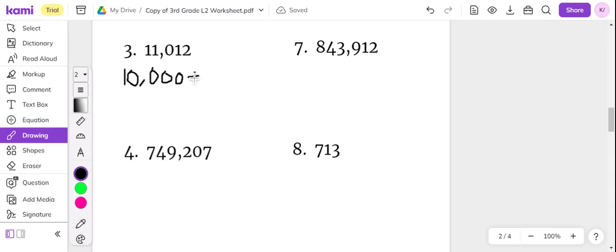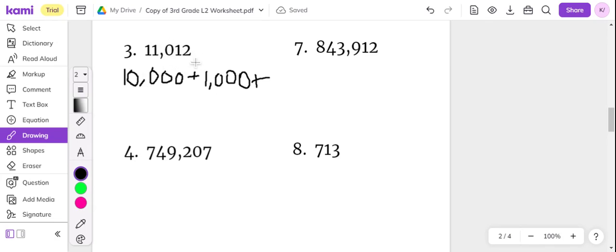Number 3, in the 10,000s place we have 1, so that would be 10,000. Plus a 1,000, because a 1 is in the thousands place. Plus, there's nothing here, so we don't need to put anything there.